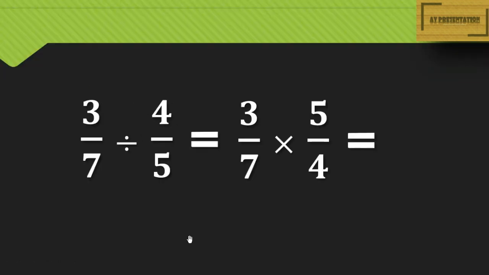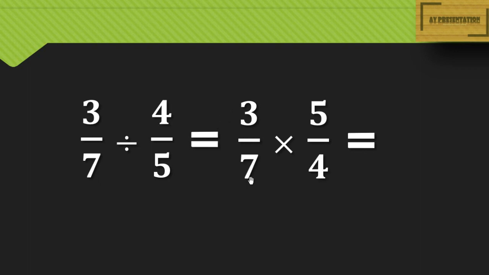The next point is division of fractions. To learn division of fractions, here is an example: 3 upon 7 divided by 4 upon 5. For the division of fractions, write the first fraction as it is, 3 upon 7.